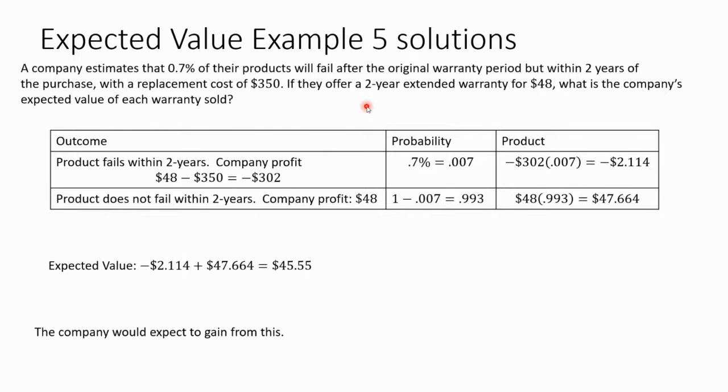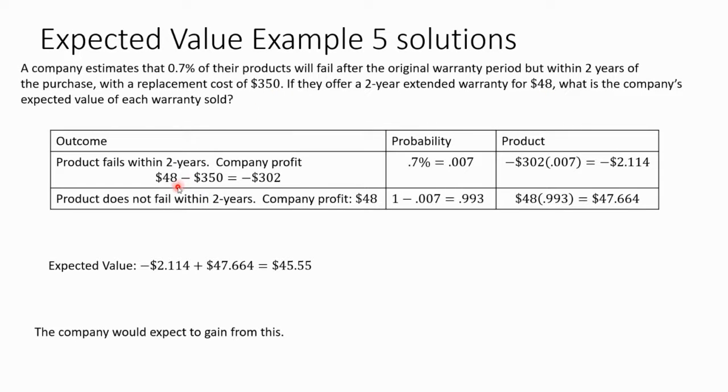So the two outcomes would be if the product fails within 2 years, which is how long the warranty is, or if the product does not fail within 2 years. If it fails within 2 years, how much is the company going to make? Well, they're going to get $48 from the warranty, but they have to replace the product, and it's going to cost $350.